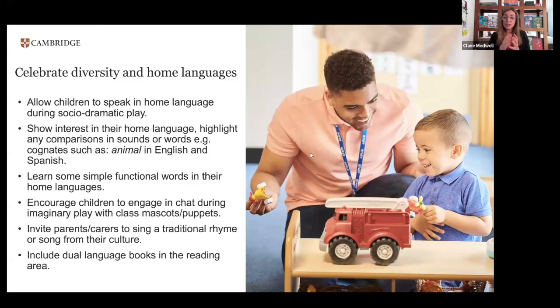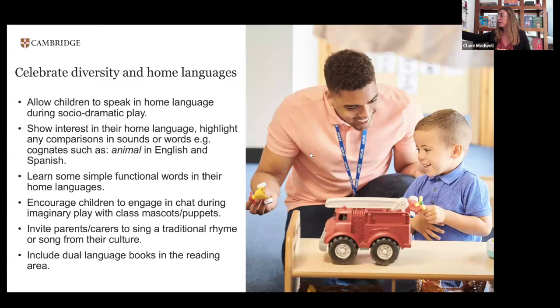Another idea is to include dual language books in your reading area in the classroom. We'll be looking at a few, but there are some very famous ones that have been translated into many languages. A classic, which is very well used, is The Hungry Caterpillar by Eric Carle, which talks about the food the caterpillar eats before it turns into a butterfly at the end.